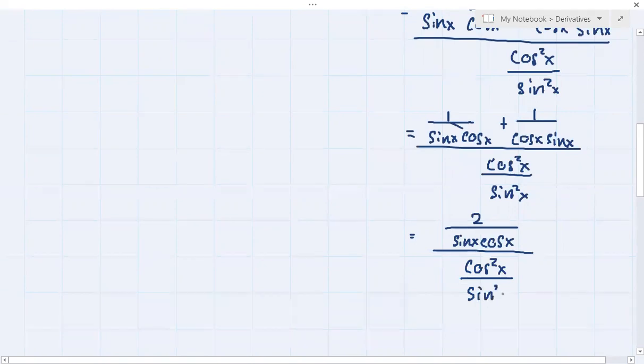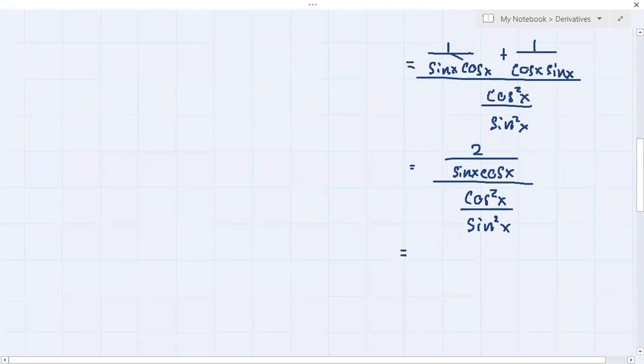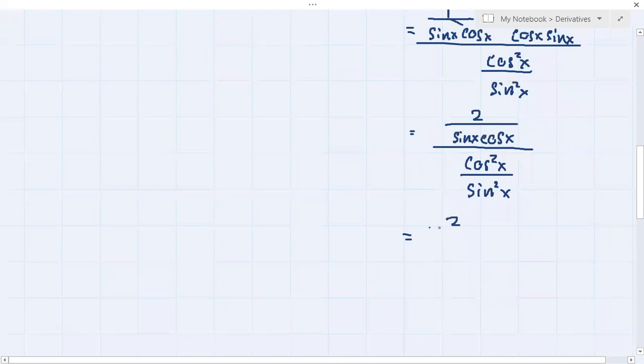Now, to simplify things, we will reciprocate. Okay? We will reciprocate this fraction. So, mangyari dyan, we will have 2 all over sin x times cosine x times sin squared x all over cosine squared x.